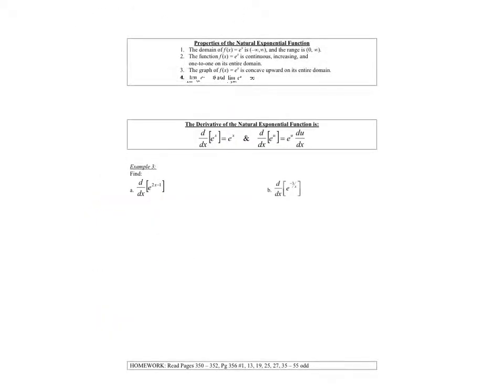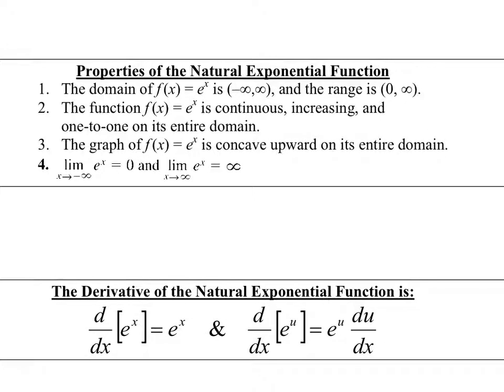All right, so now let's actually think about the function itself and then look at our derivative rule. First of all, remember that the domain of the exponential function is all real numbers. The range is all real numbers greater than 0. Remember we said it had that asymptote at y equals 0. The function is continuous, increasing and one-to-one. We know it's one-to-one because it's the inverse of the natural log.